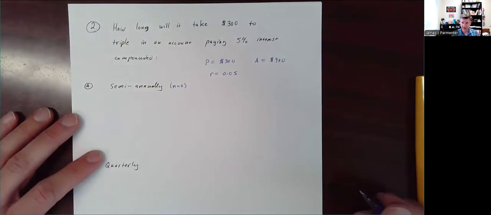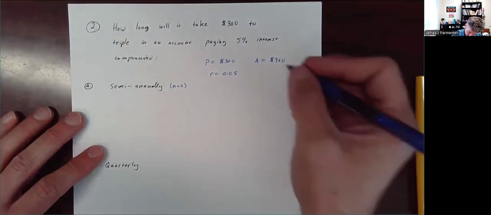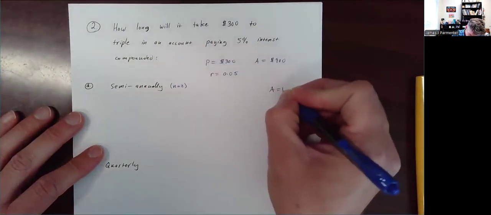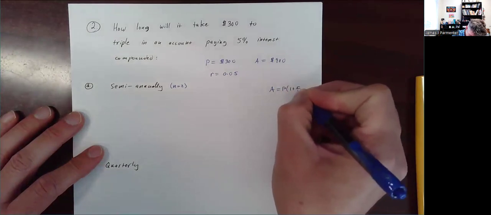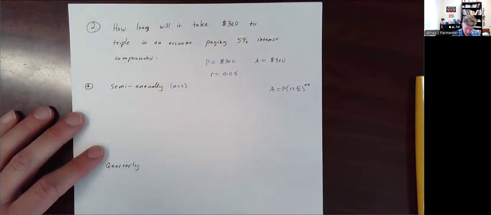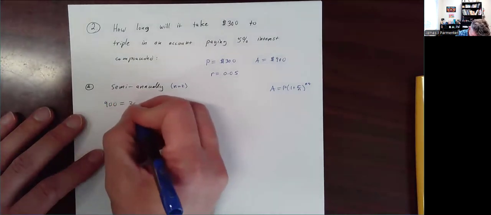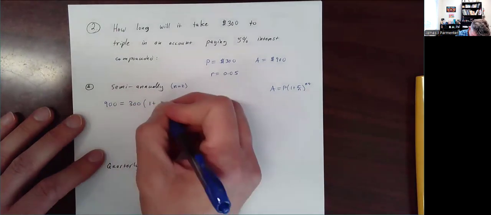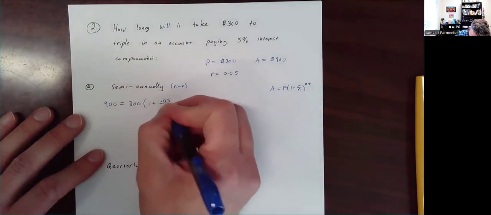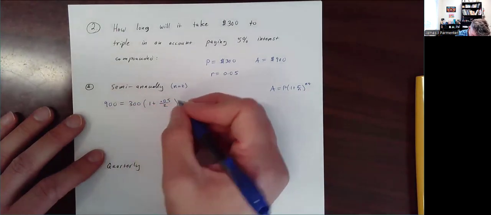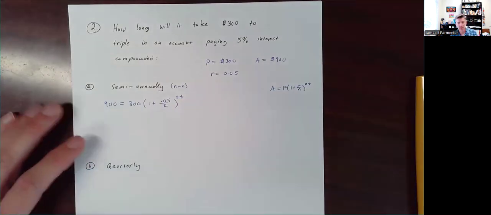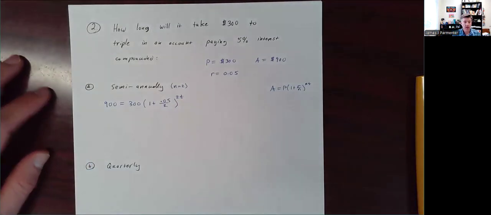So plugging everything into that formula, I'll just write it over here. It's A equal to P times 1 plus R over N to the NT power. So here I'm going to have 900 equal to 300 times 1 plus 0.05 over 2 to the 2 times T power. So now my job is to solve for T.